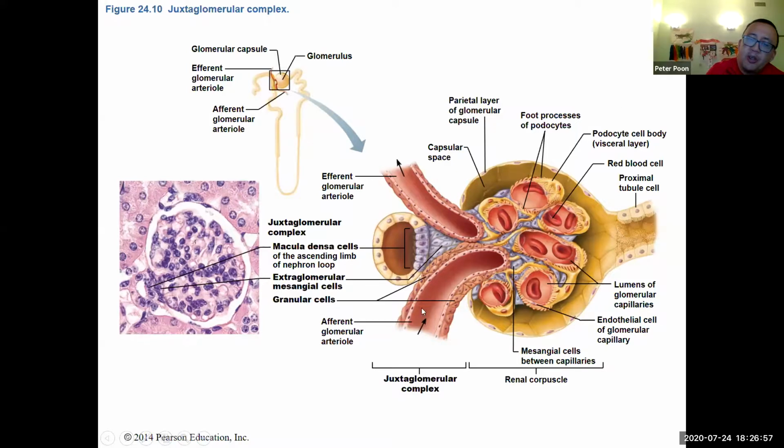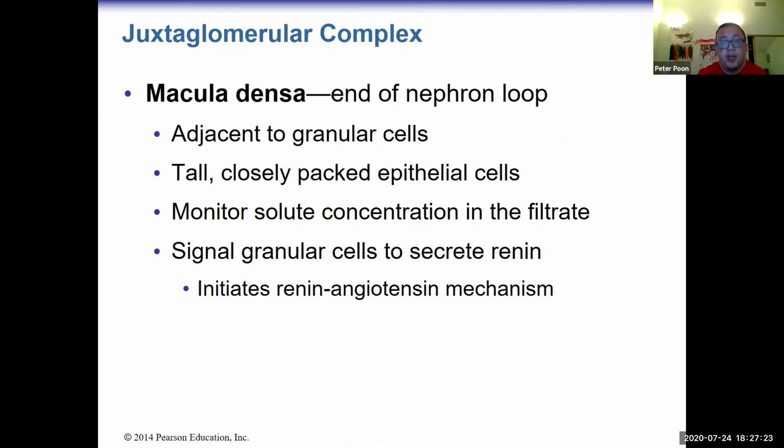Here I can measure the blood pressure coming in, and if it's too low, then I secrete the hormone renin. Renin increases blood pressure. It's part of the RAA mechanism. The macula densa measures the pressure of the kidney, and if it's too low, then it releases renin, which increases blood pressure.